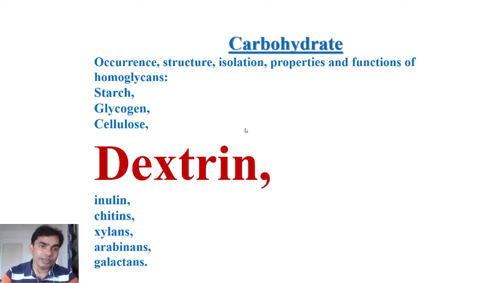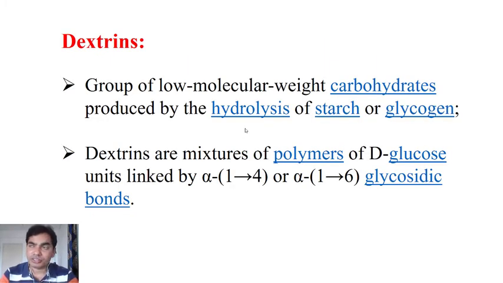So the next carbohydrate is dextrin. Dextrin is basically the hydrolyzed part of starch and glycogen. As we know, in starch and glycogen there is alpha bonding to make them easily digestible, and they are the energy molecules for plants as well as animals.